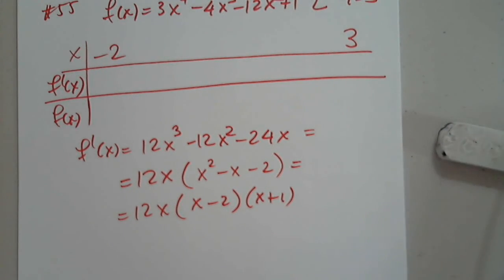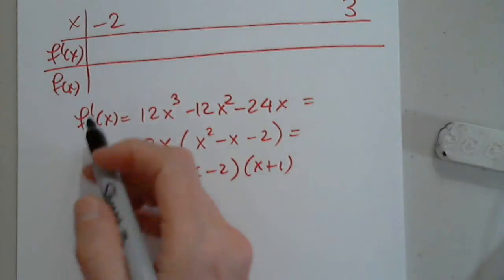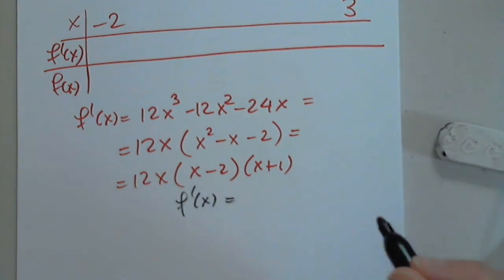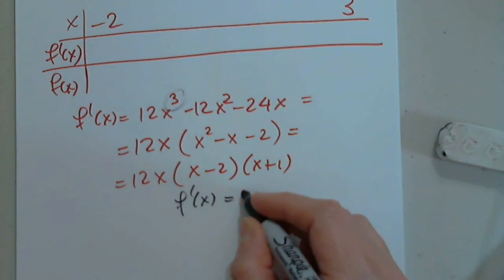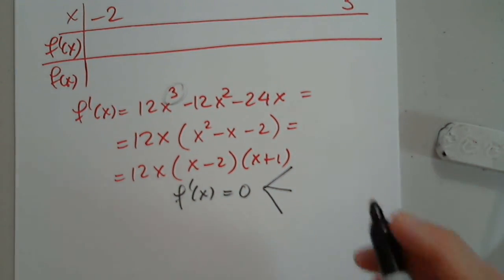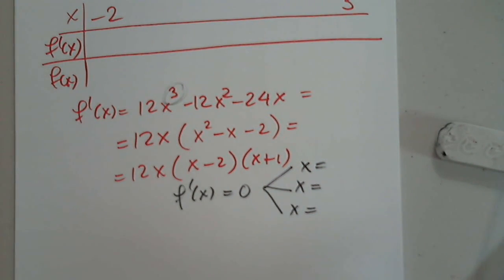So what do I do next? No critical numbers will come from f prime being undefined. There is no such thing. This is polynomial. But can anyone solve this equation for us since it's degree 3? Please give me 3 solutions. Anyone?